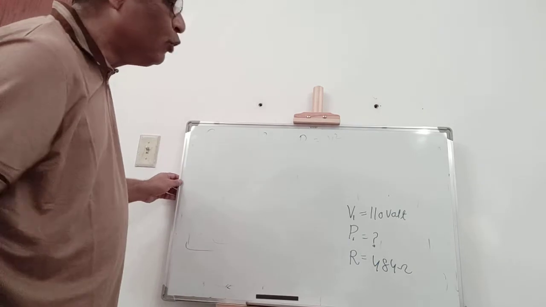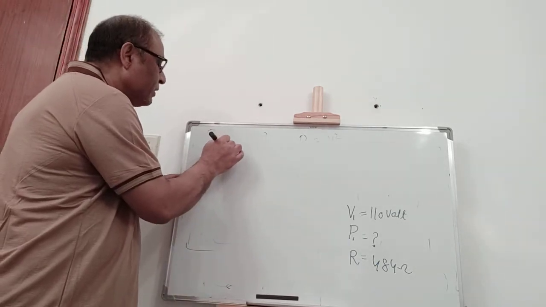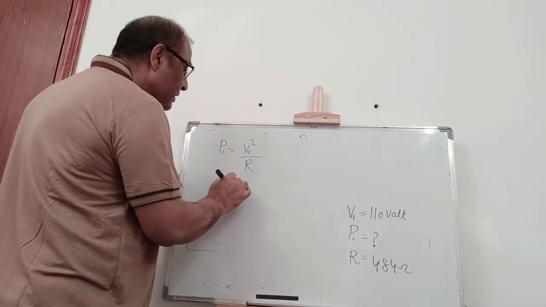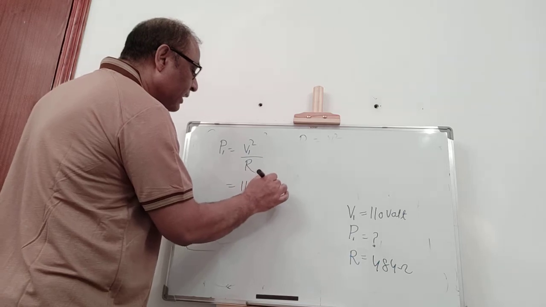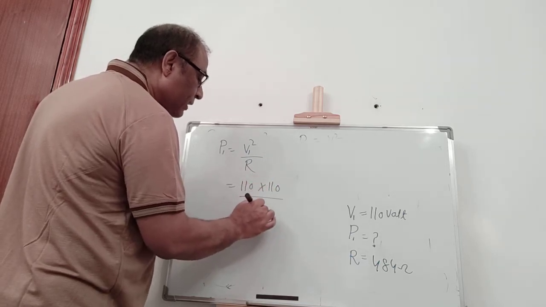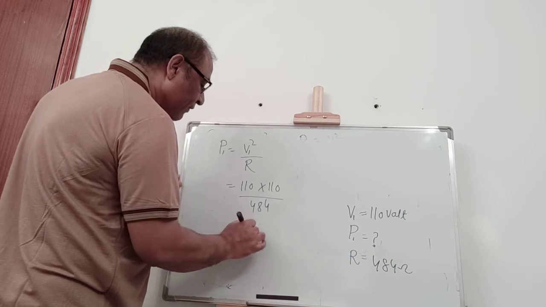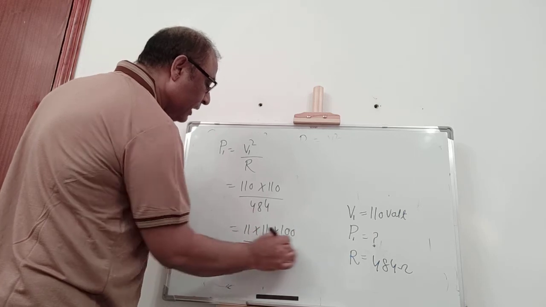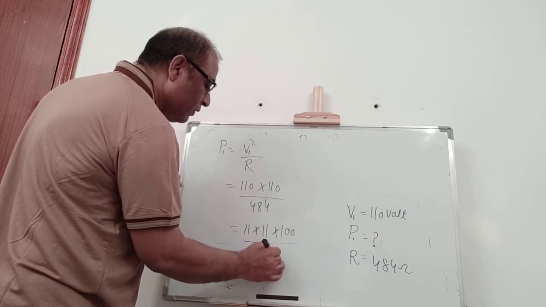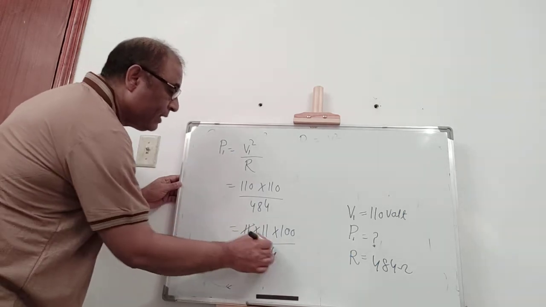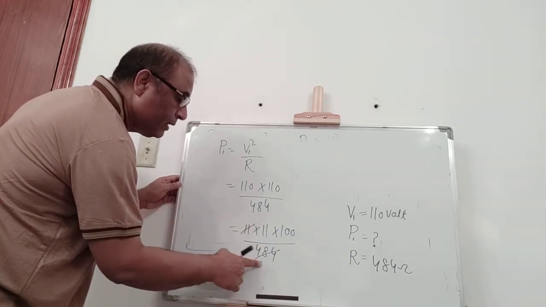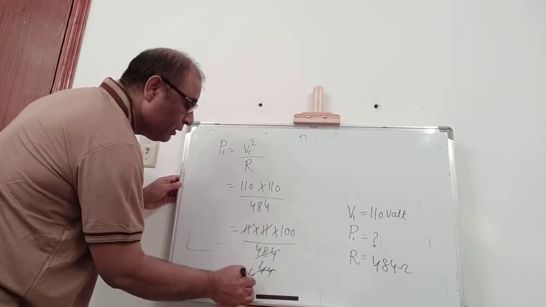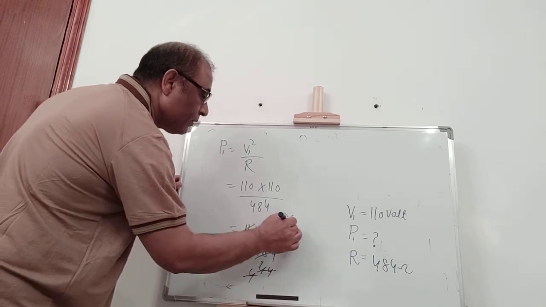Now find out the new power. New power P1 is equal to V1 square upon resistance, which remains the same. So V1 means 110 into 110 upon 484. 11 divided by 44, that is 11 divided by 4 and 4, that is 25.